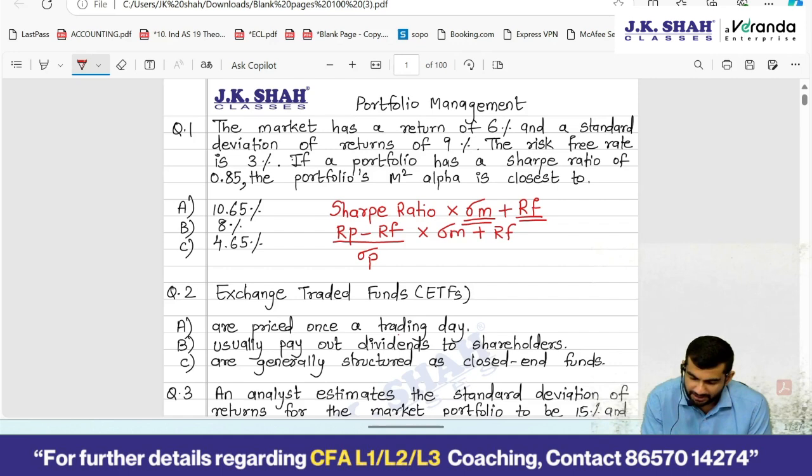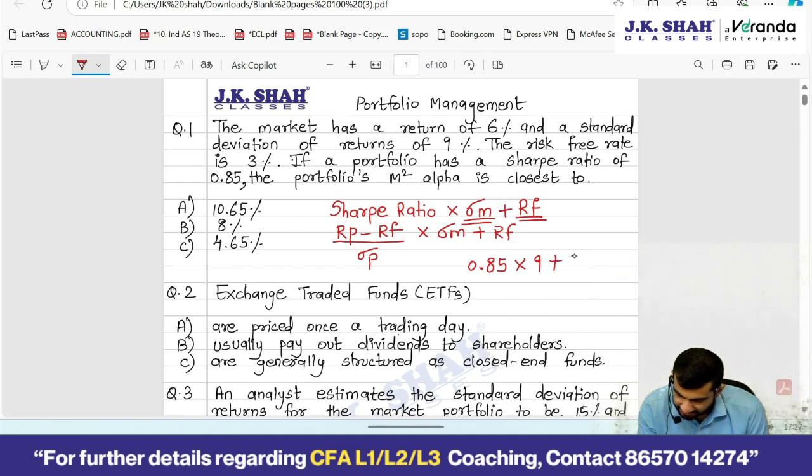If it is not given, you know now how to do it. So 0.85 is the Sharpe ratio into standard deviation of market returns. Market has a return of 6% and standard deviation of returns of 9%. So into 9 plus the risk-free rate of 3%. Solving for this, how much do you get? 9 into 0.85 plus 3, 10.65.